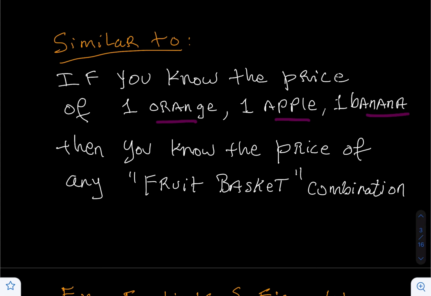But in order to know the price of any fruit basket, you just need to know the price of each of the components. And you can think of an orange as some kind of a base or a vector or something like that.